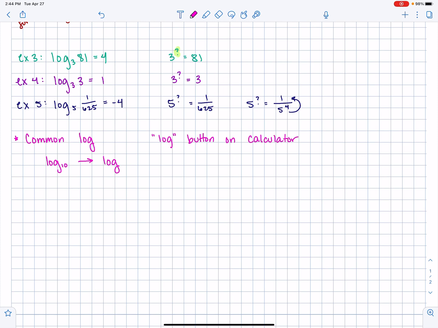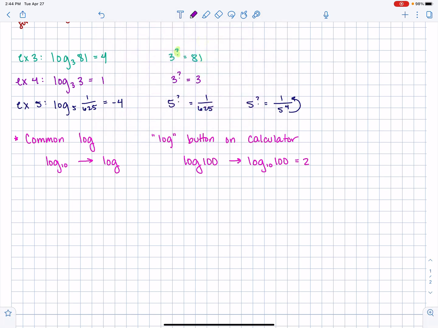For example, if you had something like log 100, even though it doesn't have a base written there, what it actually means is log base 10 of 100, which is really asking, okay, 10 to what power is equal to 100? Well, we know that's 2. So if you don't see a base next to a log, you can assume that it's base 10.